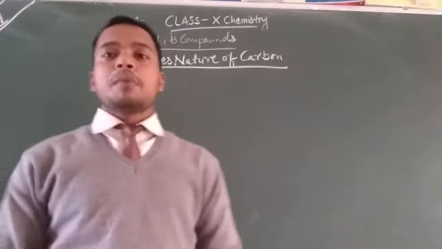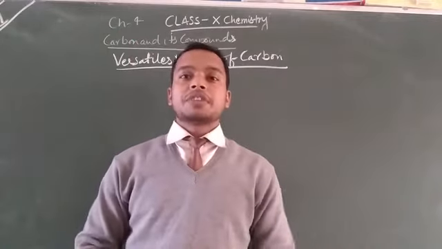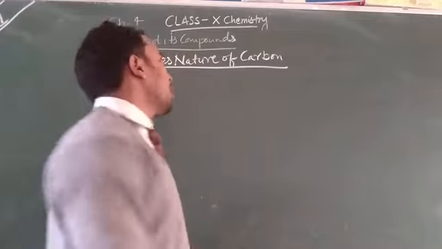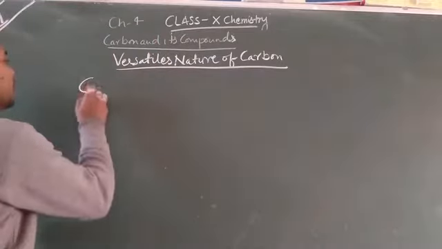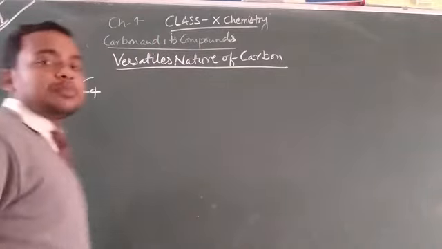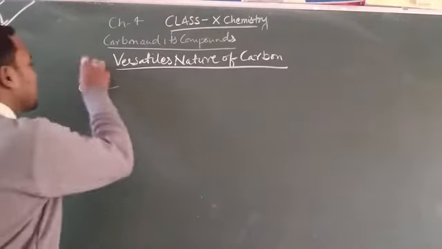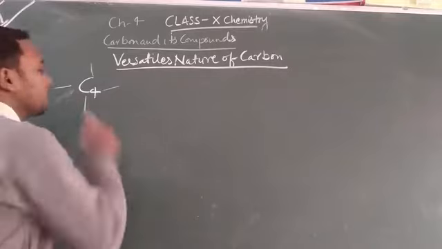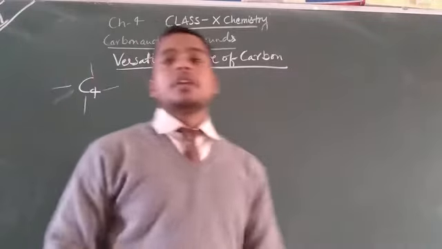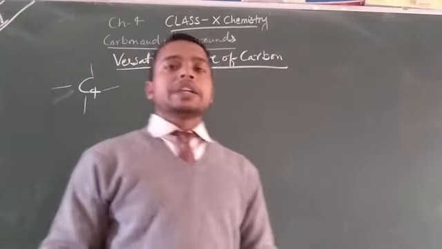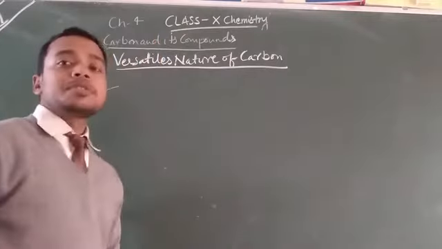In the previous video, we have already seen that carbon has tetravalent atoms which combine with 4 different atoms and complete their octet, and interact with different types of atoms.